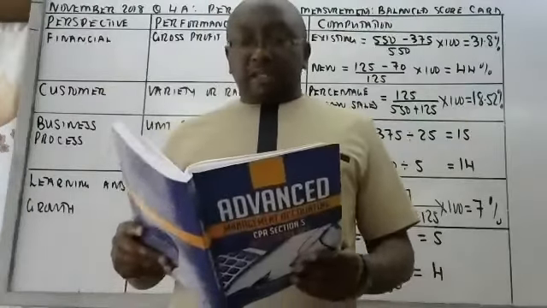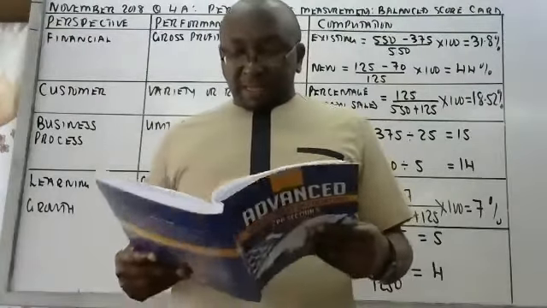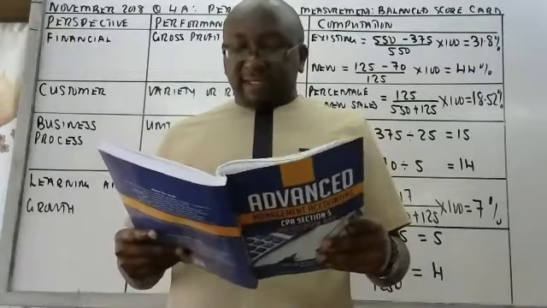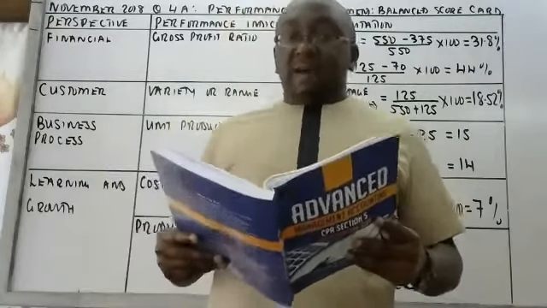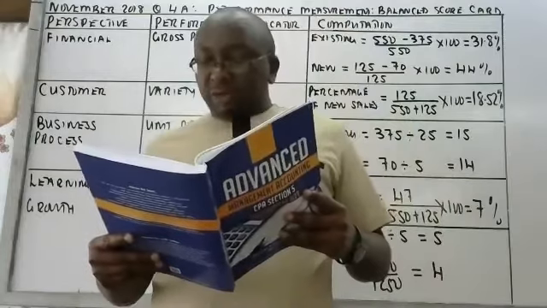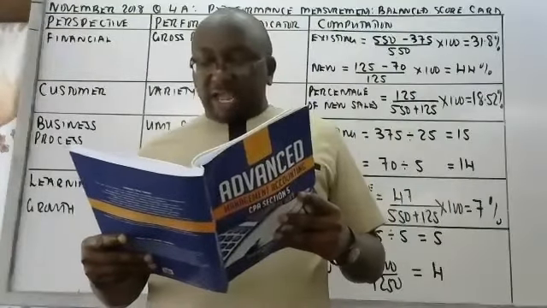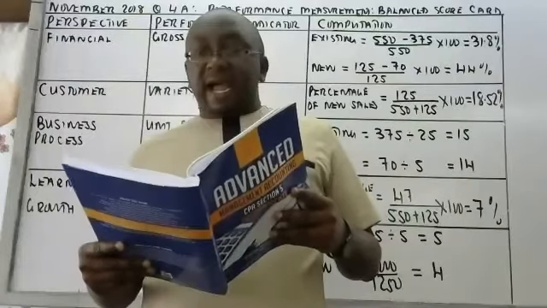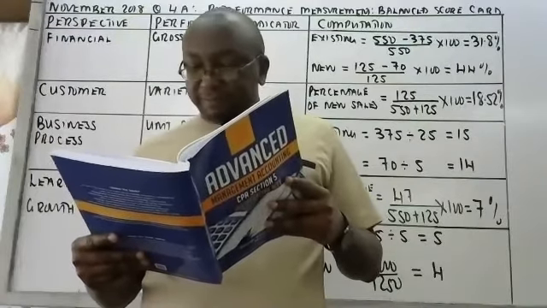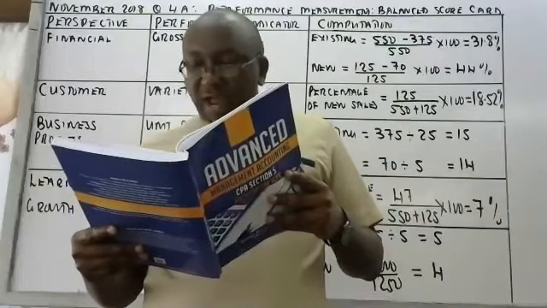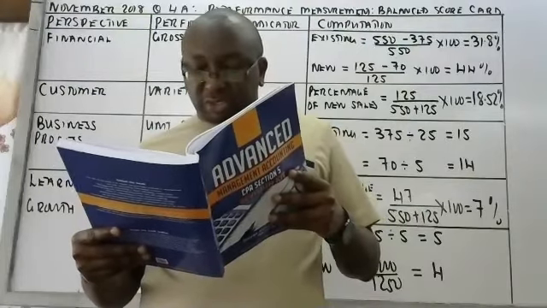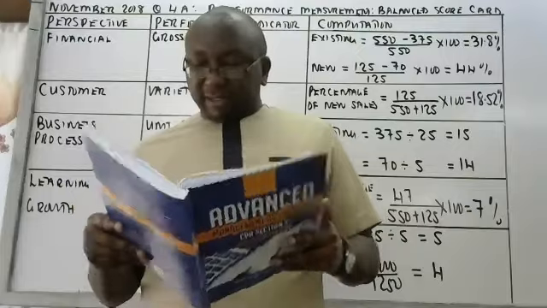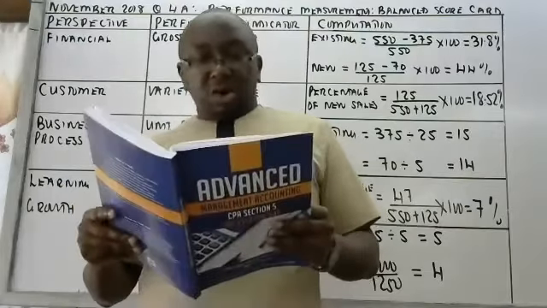Let's proceed to the next question that says that AZK Limited, a manufacturing company, is planning to launch a new product model whose life cycle is 3 years. The following estimated data has been provided. So we have that: research, production cost, marketing, distribution, all that.